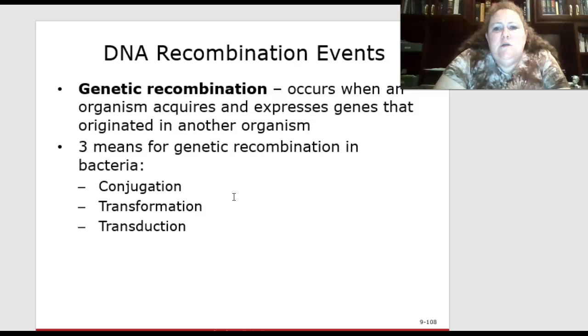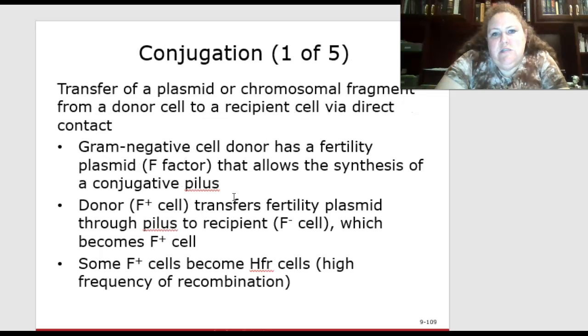Okay. So, DNA recombination events. Genetic recombination occurs when an organism acquires and expresses genes that originated in another organism. And three means for genetic recombination in bacteria are going to be conjugation, transformation, and transduction. So with conjugation, the transfer of a plasmid or chromosomal fragment from a donor cell to a recipient cell via direct contact.